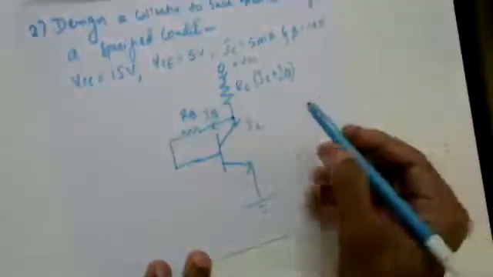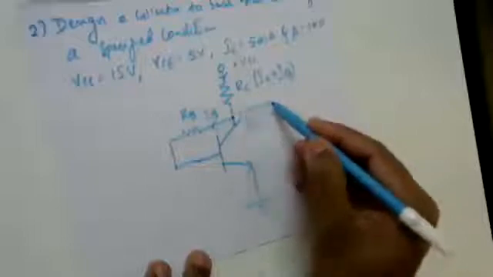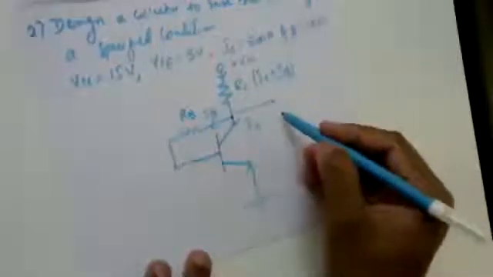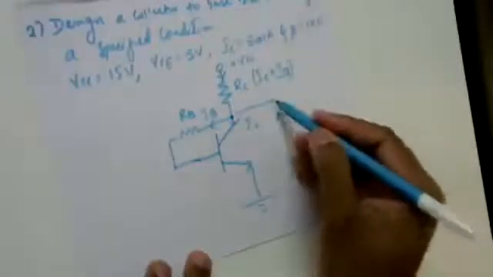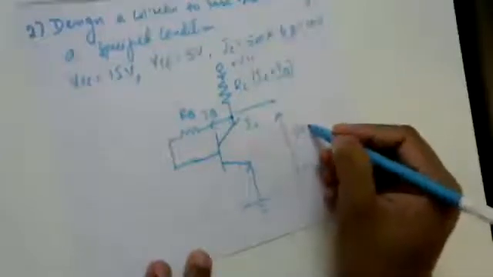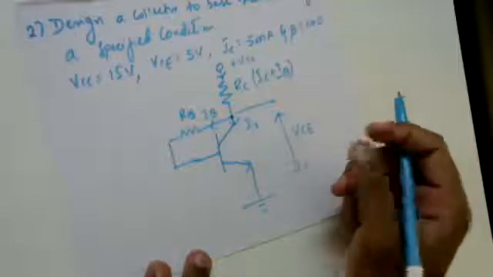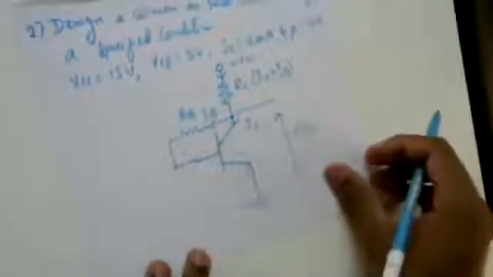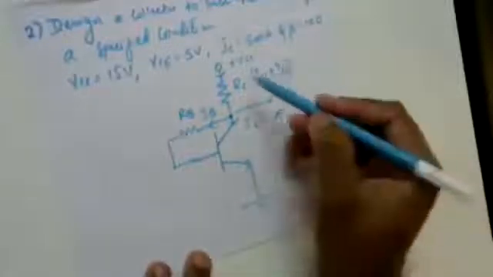The output voltage, what is seen between the output terminal and the ground, is nothing but my VCE. So this is the best I can represent in terms of circuit representation. It means in this circuit, I should design the value of RC and RB.